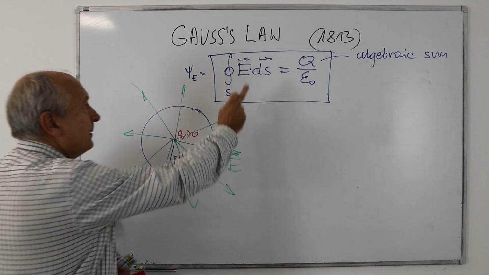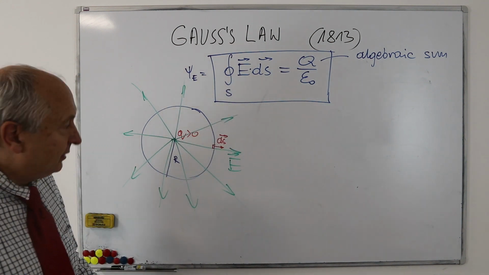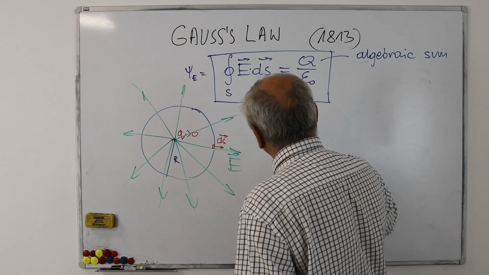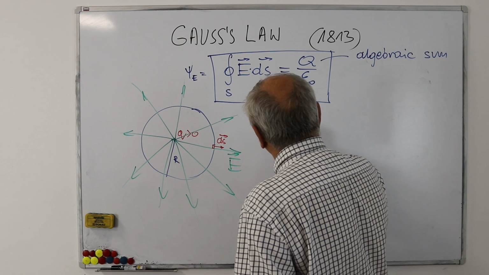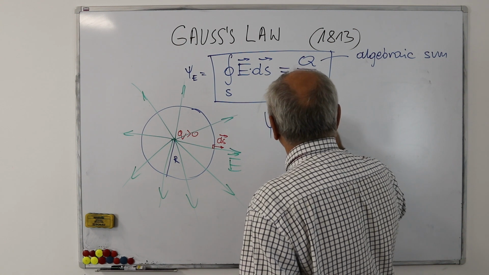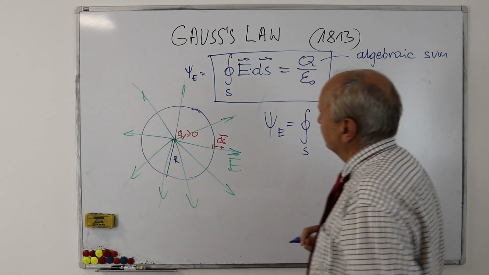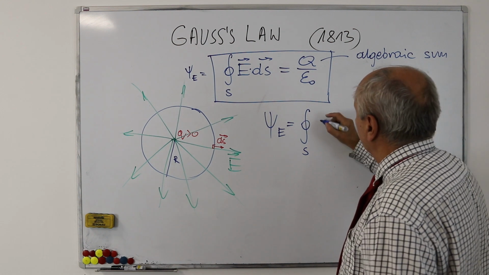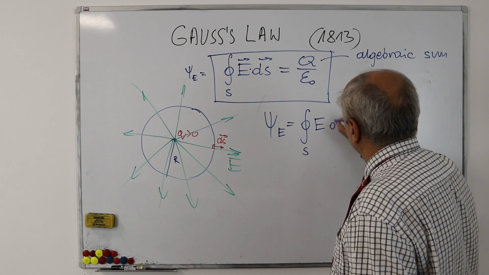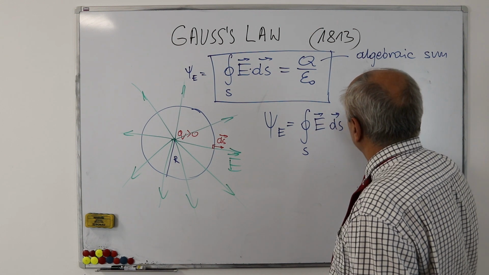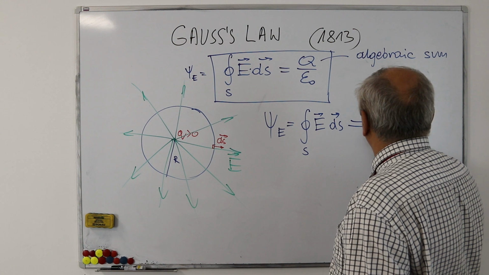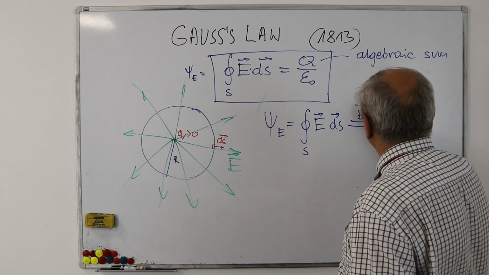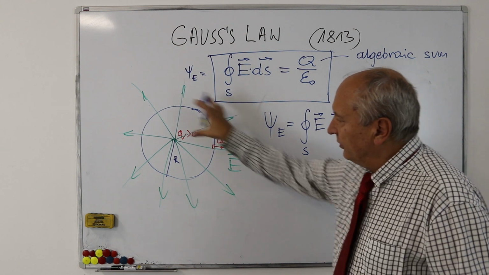And now we will make this calculus. We make this over the closed surface S, E, ds. And we can write that E is parallel to ds over all the surface.